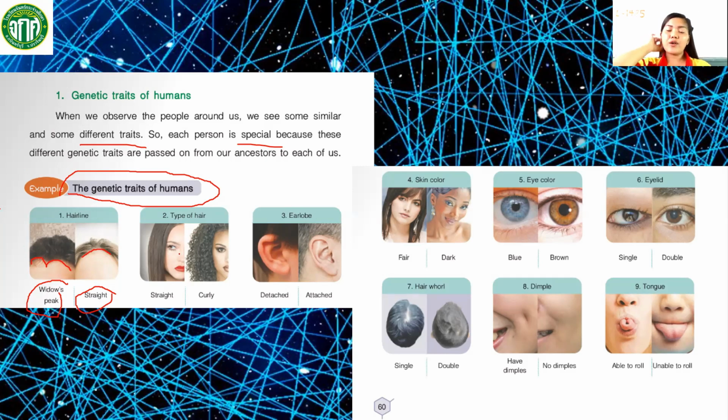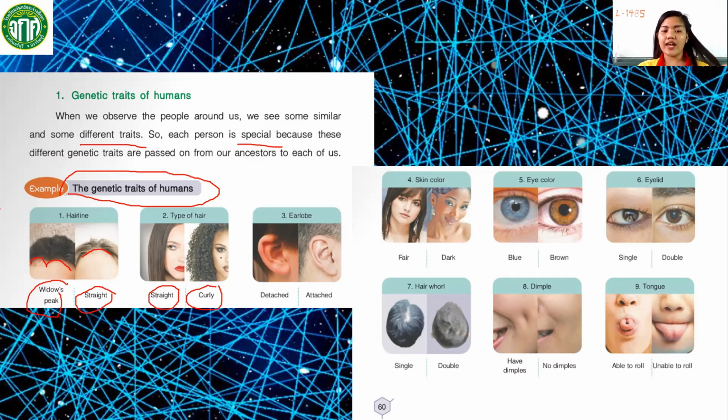Next, how about the type of hair? Number 2, type of hair. Do you have a straight or curly hair? For me, I have a straight hair. Both my father and my mother have a straight hair. That is why I got straight hair.